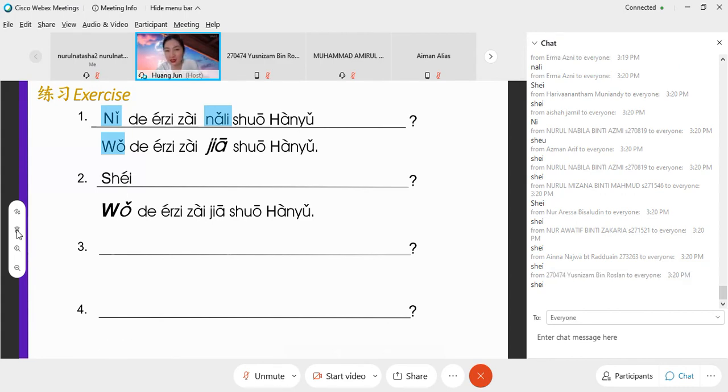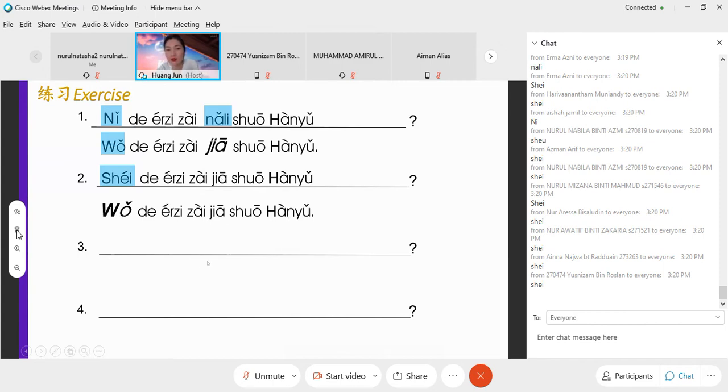Then you check the rest of the sentence. They no longer contain 我, so we just copy all of them. So the question will be 谁的儿子在家说汉语? Whose son speaks Mandarin at home? The answer will be my son speaks Mandarin at home.